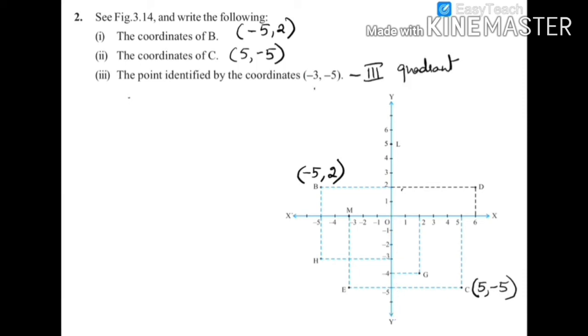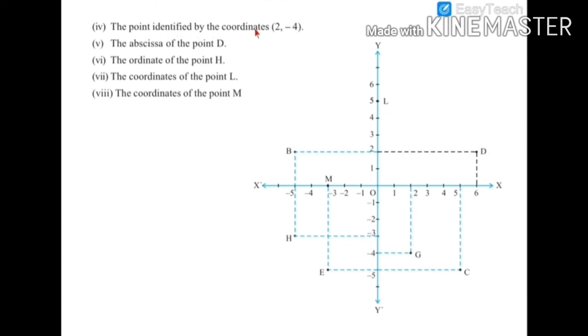Now, -3 is the distance of this point from the y-axis along the negative x-axis. So, point E is -3 units from the y-axis, and it is also -5 units from the x-axis along the negative y-axis. So, this point is E.